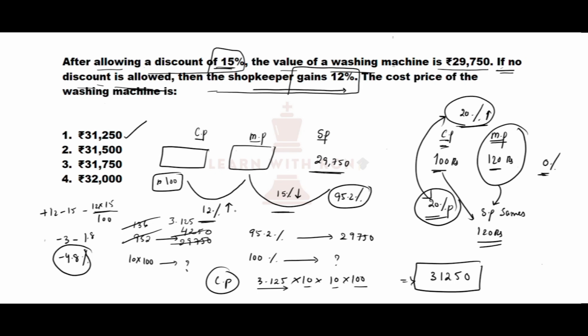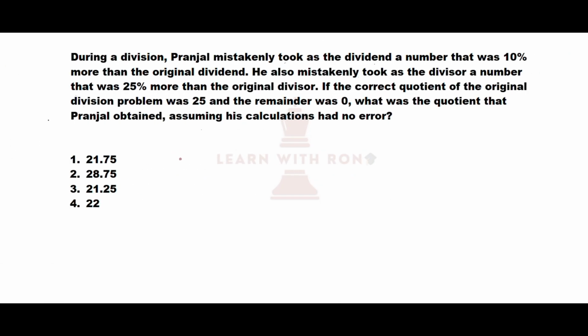Let's see our next question. See this very big question here. Let's solve it in an easy way. See what they have given. During a division, Pranjal mistakenly took as the dividend a number that was 10% more than the original dividend, and he also mistakenly took the divisor a number that is 25% more than the original divisor.